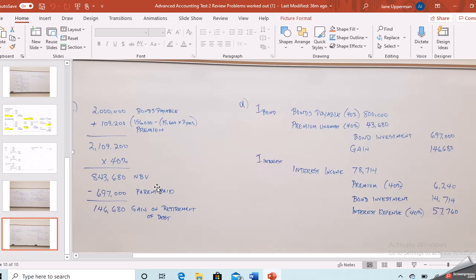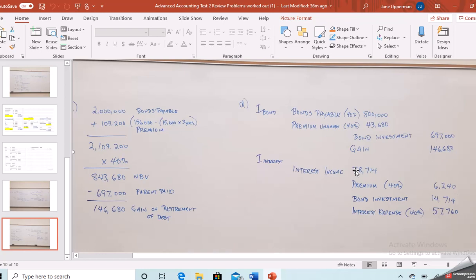Then the parent paid $697,000 to eliminate those, and they have a bond investment at that amount, and we need to take that off of the books. So then our difference is the gain. And as long as we're in the year of the transaction, we would credit that gain. If it were a year later, it would be the equity investment where that would be hung up. But in the year of the sale or the year of the purchase, it is the gain.